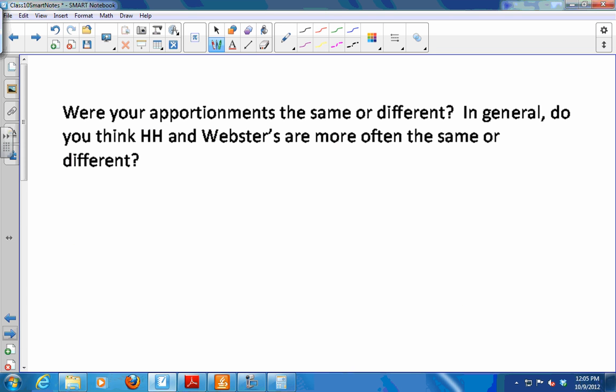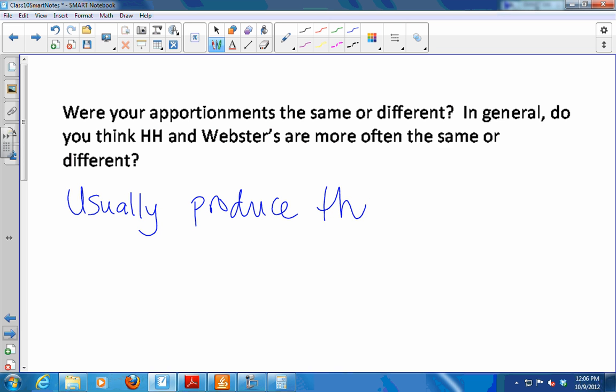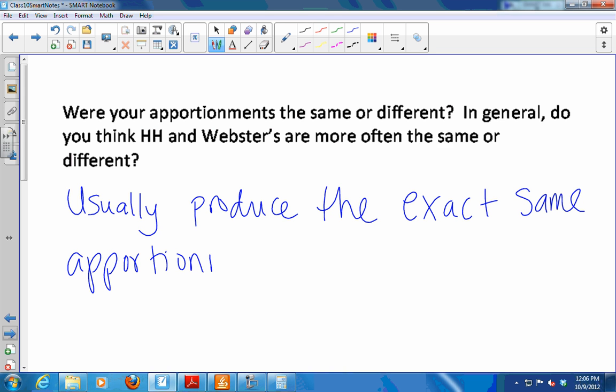So in general, Huntington Hill and Webster's method usually produce the same answer, because the cutoff values are always so close to 0.5, like 0.48 or 0.49, that they almost always produce the exact same apportionment.